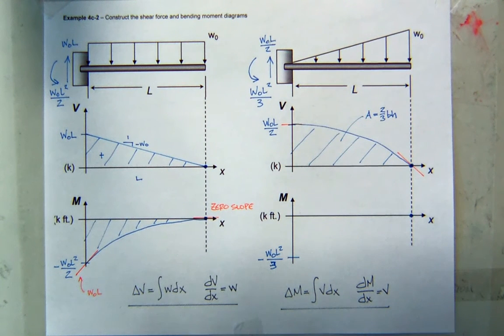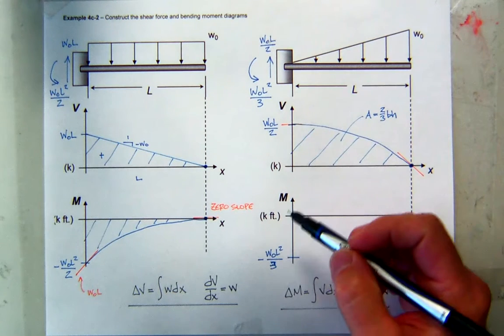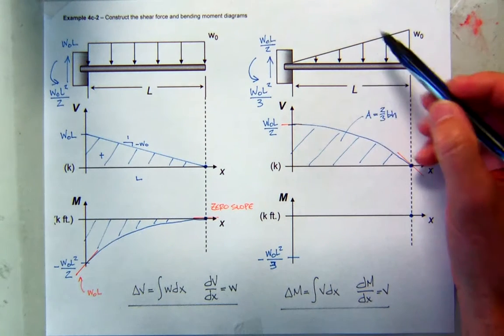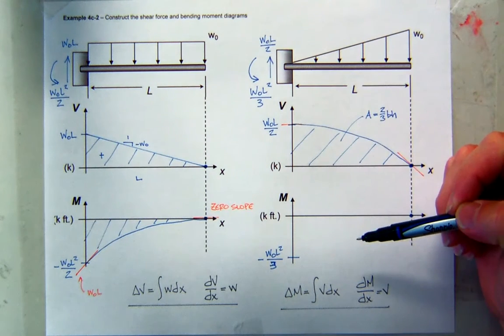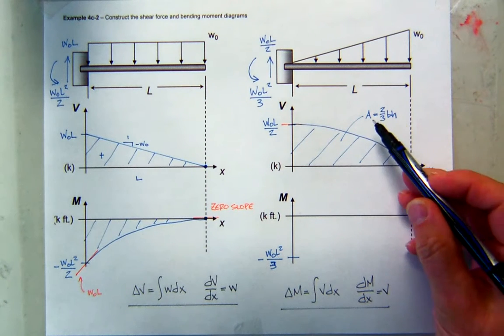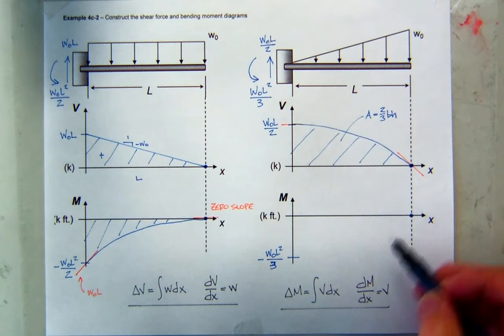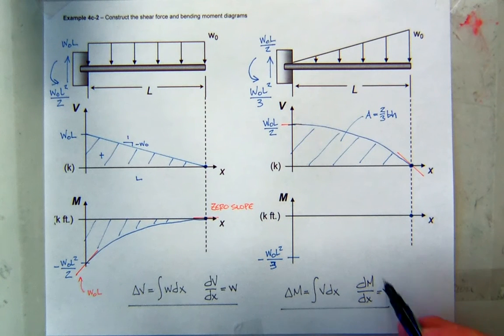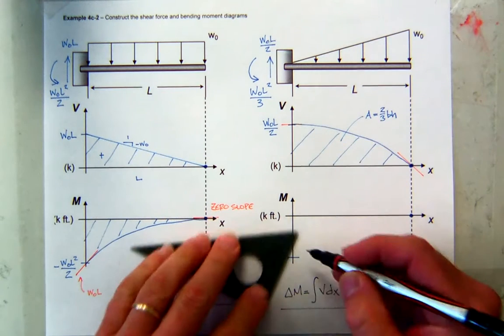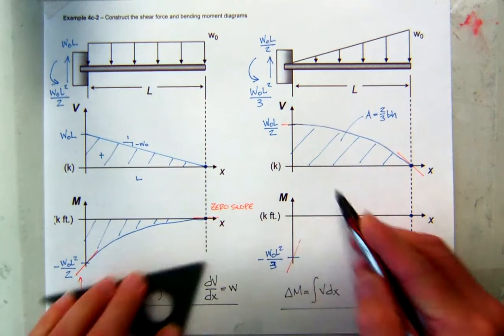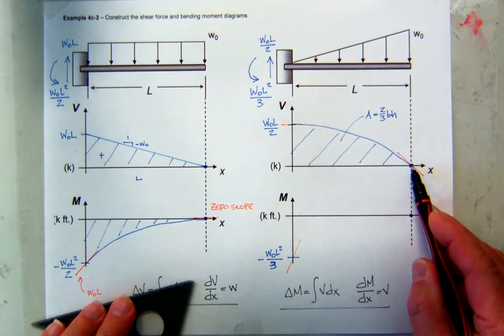So at this point, we can do the problem, but I would expect you not to try to solve this problem with this technique. But I'll finish it up. So I know this area is true, so that worked out. Now the slope of my moment diagram is equal to the shear. And how's the shear going to work? Well, it's going to start off at a big positive value, and it's going to go to 0.